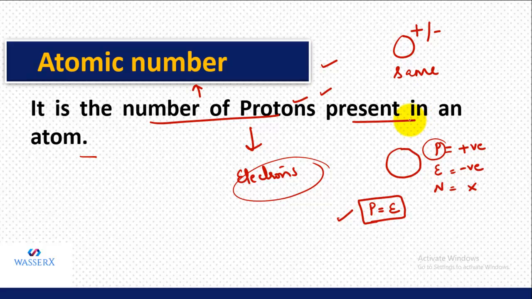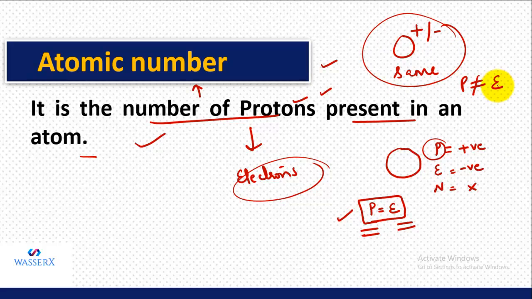So, it is best to say that atomic number is the number of protons present in an atom. But keep in mind that the number of protons is always equal to the number of electrons for an atom, but for an ion, the number of protons is never equal to the number of electrons. That is the reason an atom carrying a charge is called an ion. It no longer remains an atom.